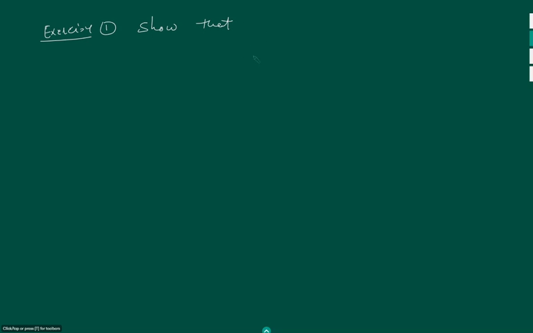Show that this series 1 plus 1 by 4 plus 1 by 4 square plus 1 by 4 cube and so on is convergent.